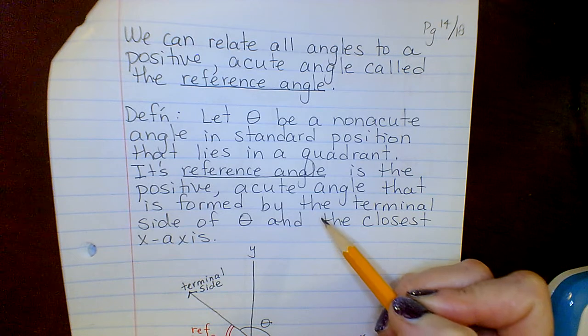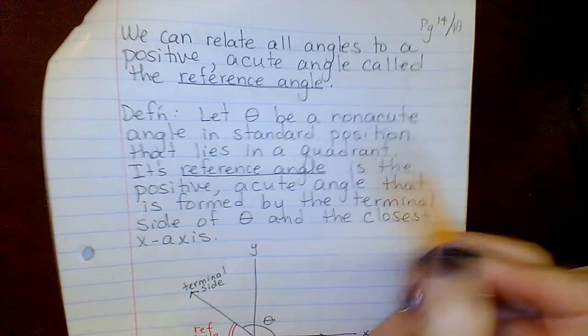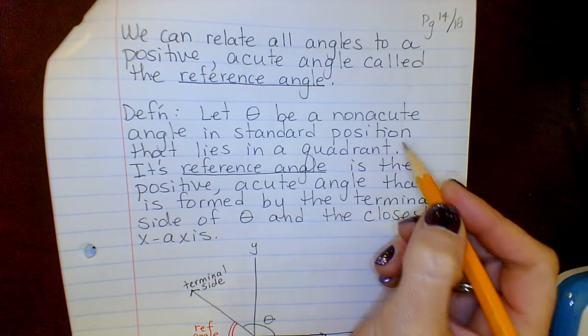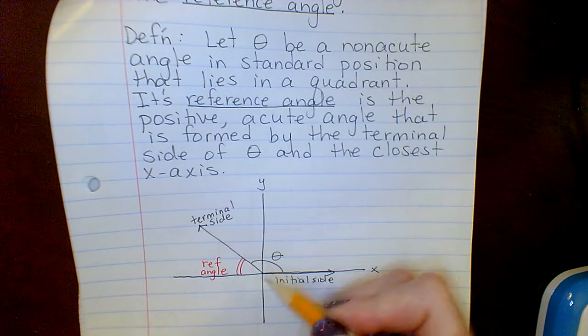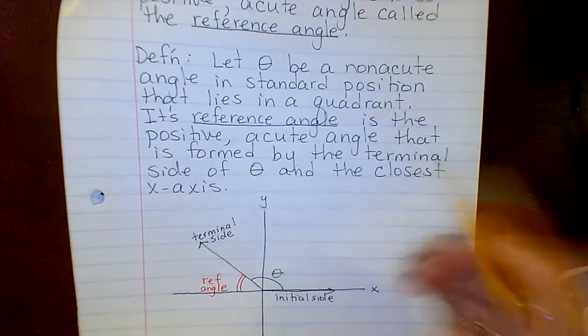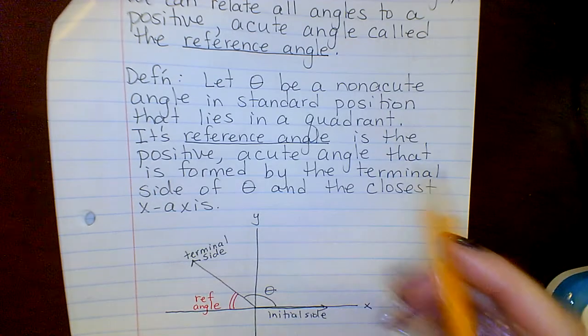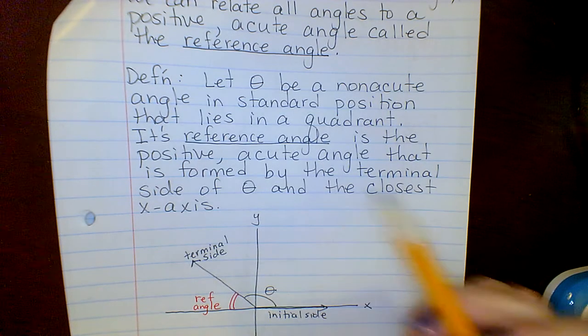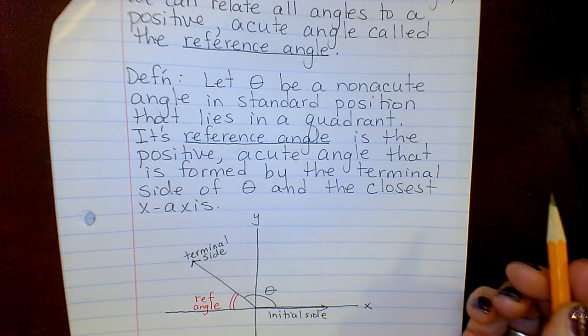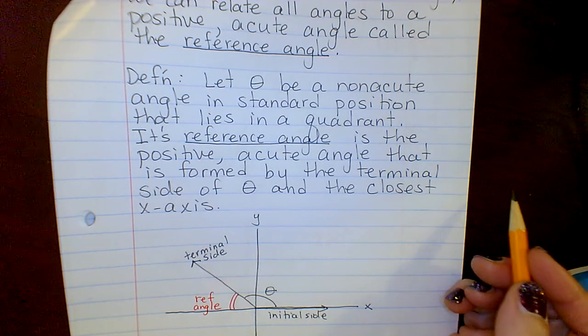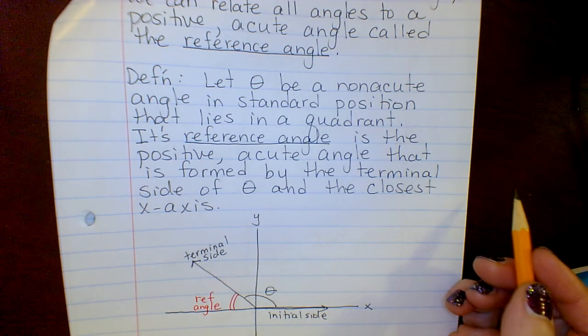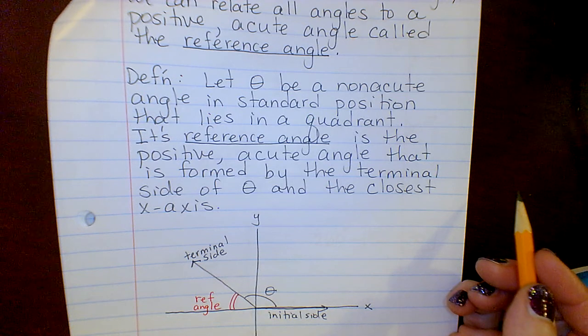So the formal definition of a reference angle: let theta be a non-acute angle in standard form that lies within a quadrant. That means it's not going to be on those axes there. That angle's reference angle is the positive acute angle that is formed by the terminal side of theta and the closest x-axis.